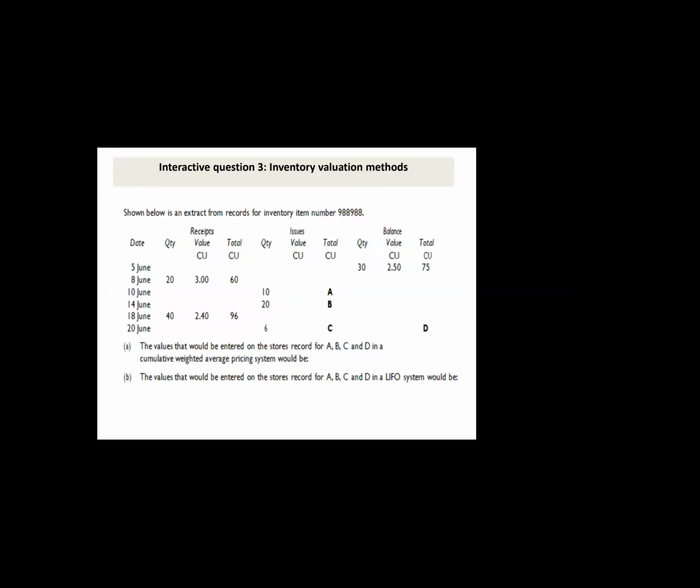Excellent. So 55. Then on 18 June, we received 40 at the rate of 2.40. And on 20 June, we issued 6 units. What will be the value of C? So 6 units at the rate of 2.40, 14.4, right?